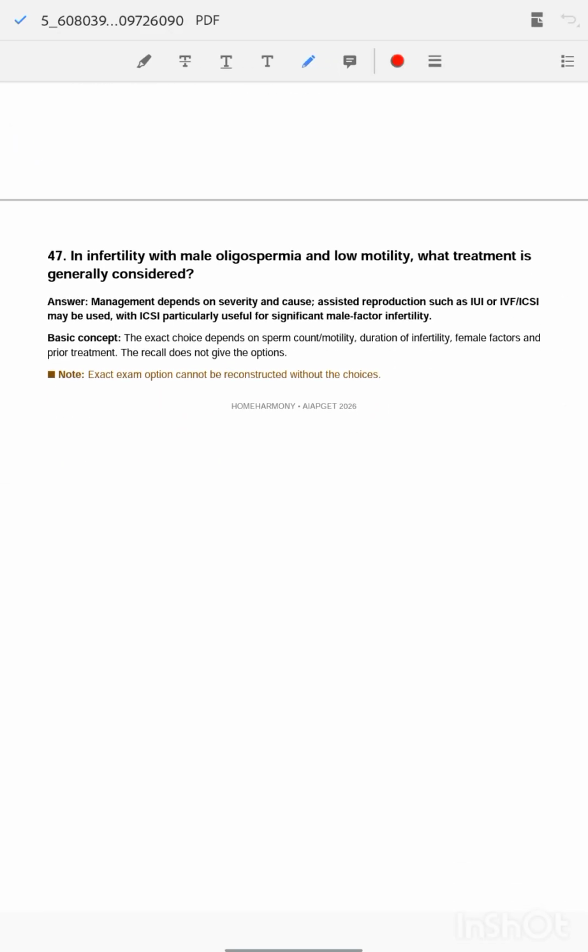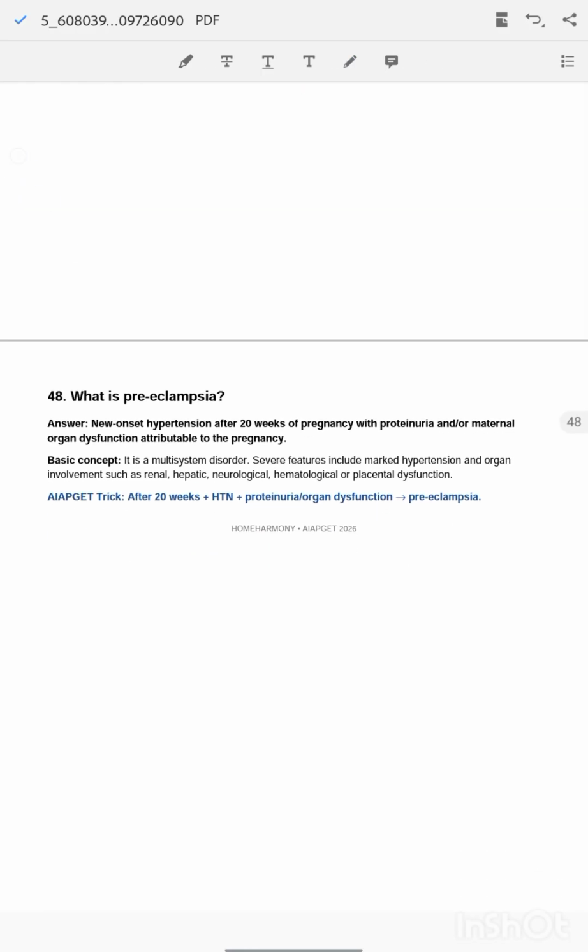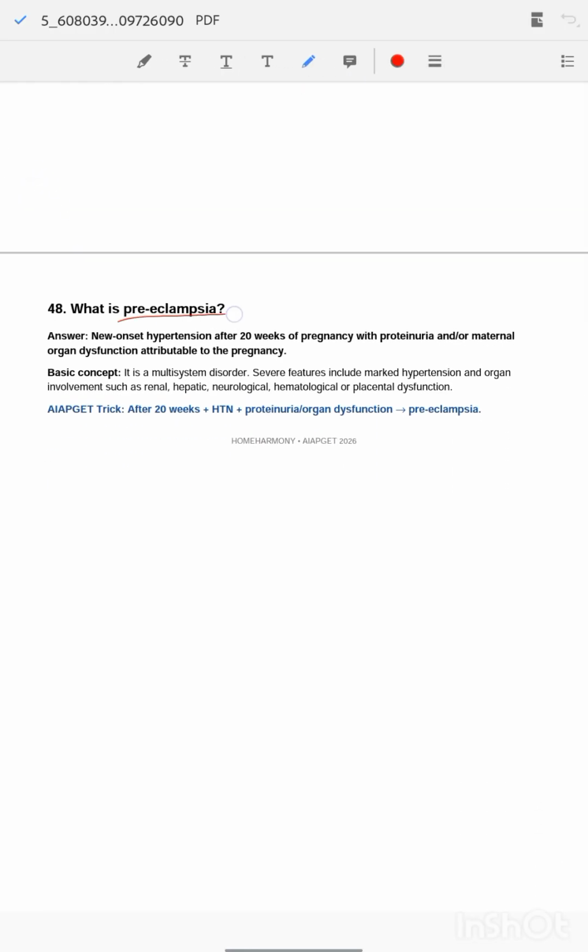In infertility with male oligospermia and low motility, what will we generally consider? We will generally consider intracytoplasmic sperm injection. What is preeclampsia? That is new onset of hypertension after 20 weeks of pregnancy with proteinuria, organ dysfunction, and attributable to pregnancy.